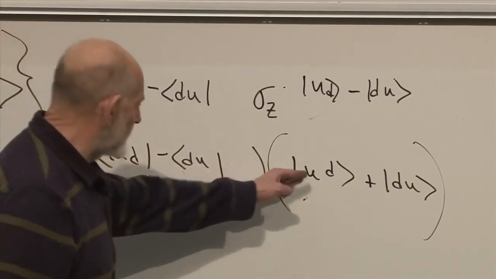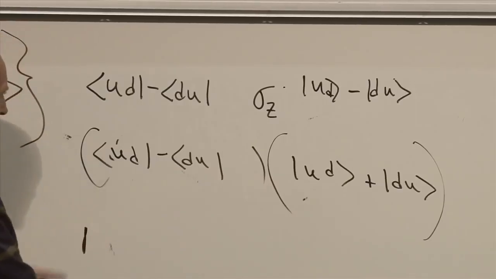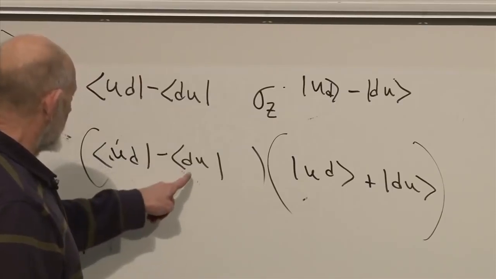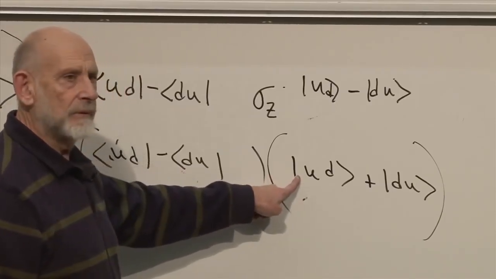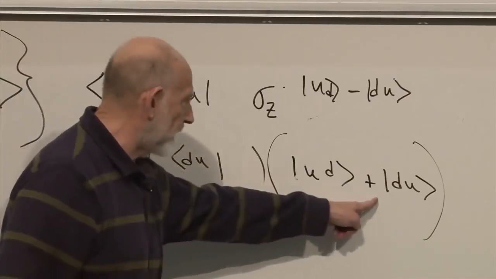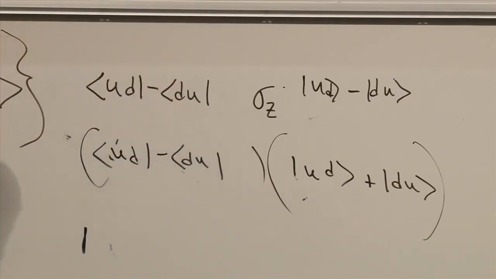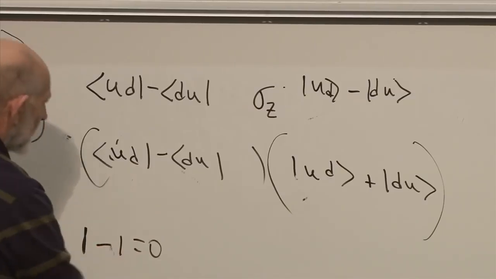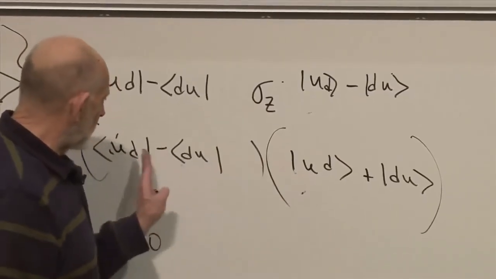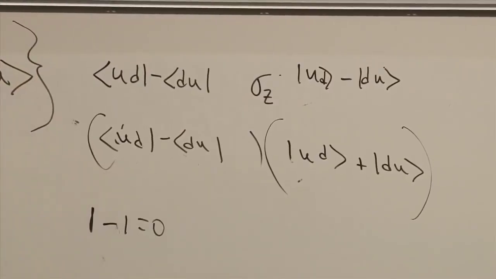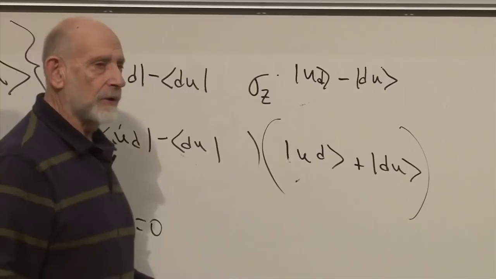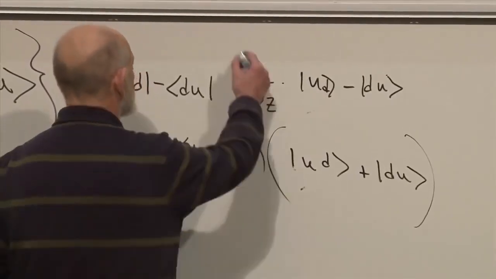Up down with up down is 1. Up down with down up is 0. What about down up with up down? 0. What about down up with down up? 1, but there's a minus sign here. So this is orthogonal to this. The inner product is 0, and it says that the expectation value of sigma z is equal to 0.